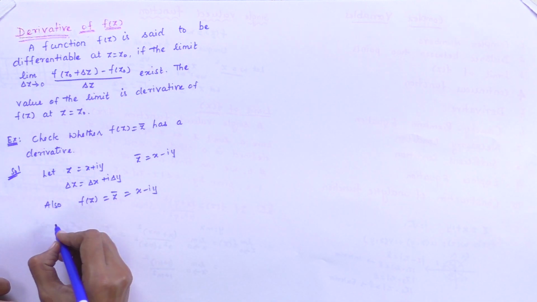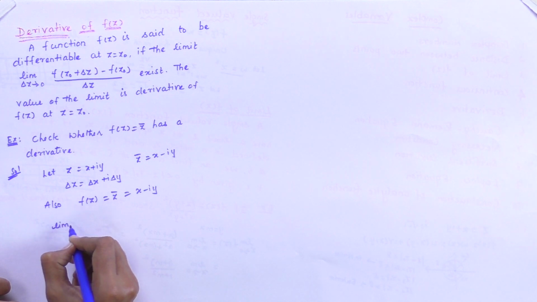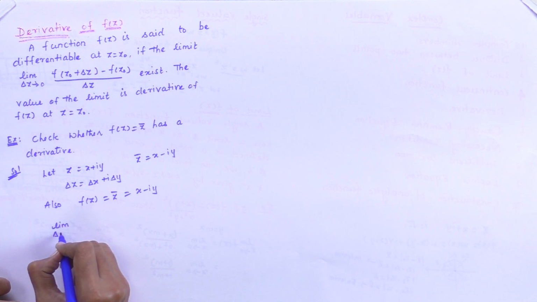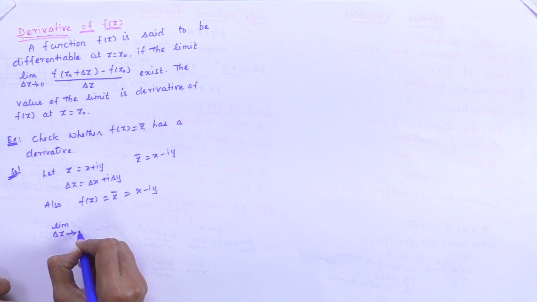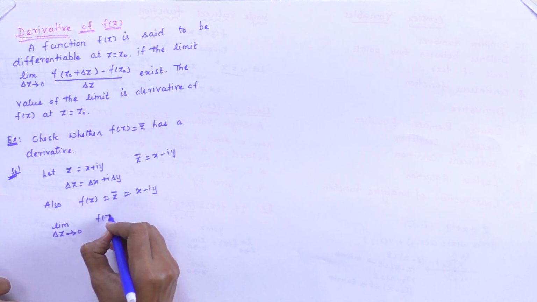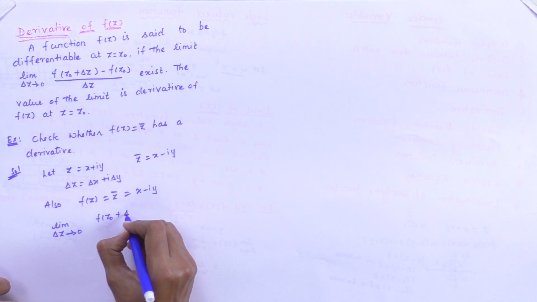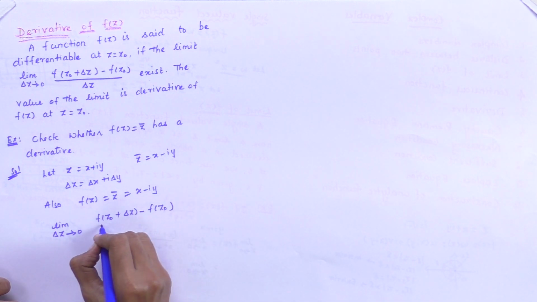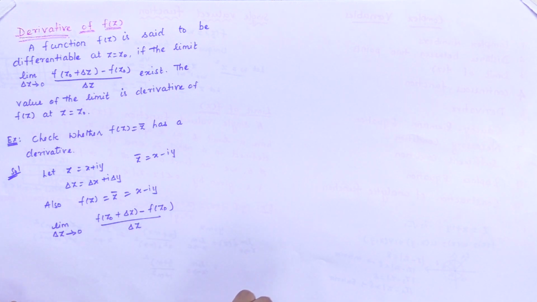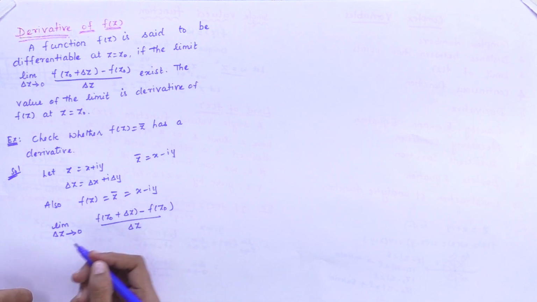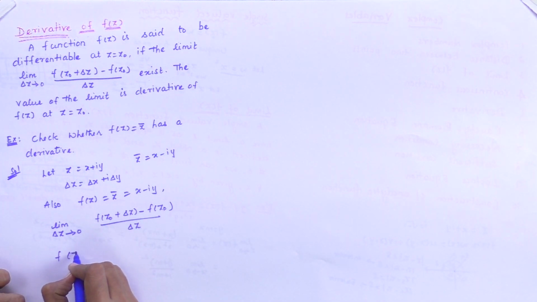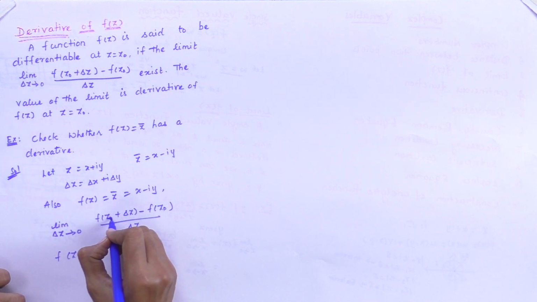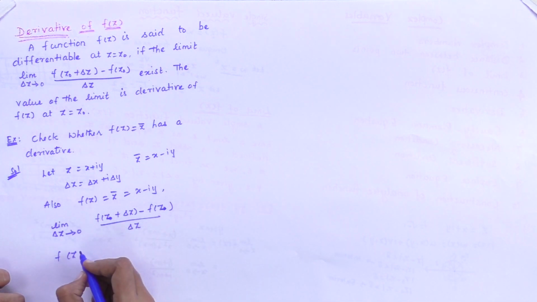By the definition of derivative, we have to find the limit as delta z approaches 0 of f of z0 plus delta z minus f of z0 upon delta z. Let me find f of z.